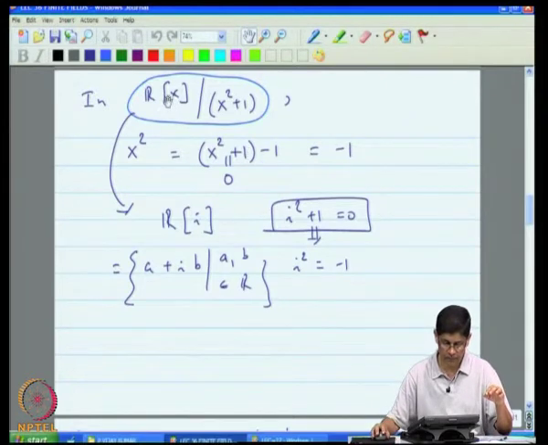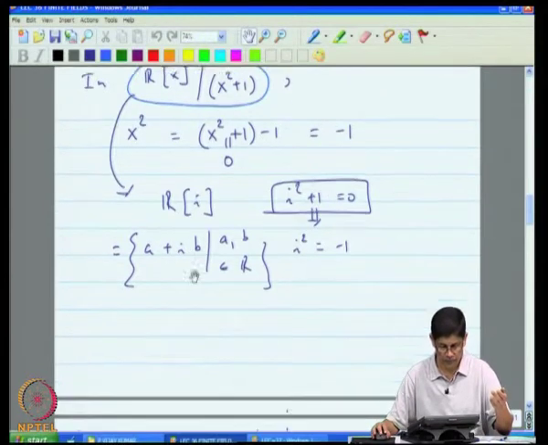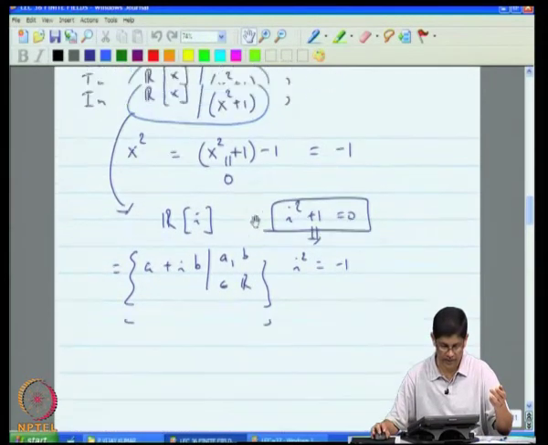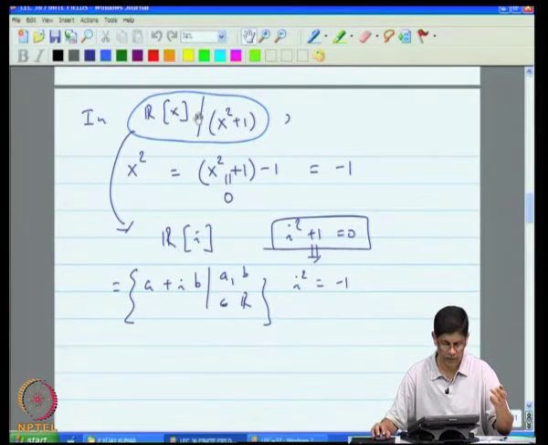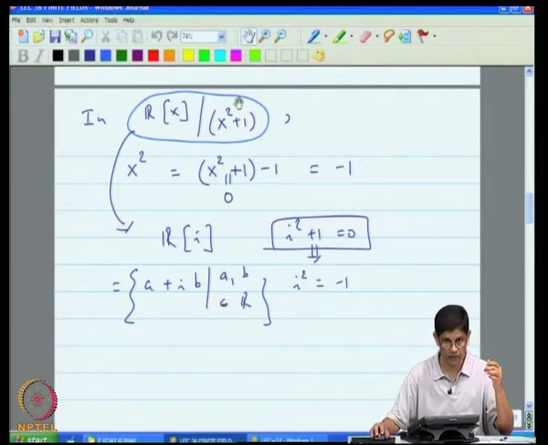So instead of thinking of this collection as a set of all polynomials of the form a plus bx, where you do multiplication modulo this, you just work with a plus ib. So you just bring in this fictitious element i, and provided you keep in mind the fact that i squared plus 1 is 0, you no longer have to keep carrying around this modulo sign.